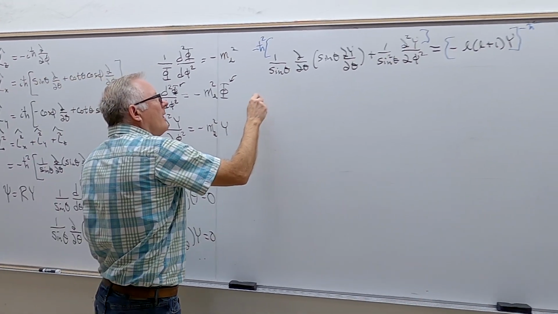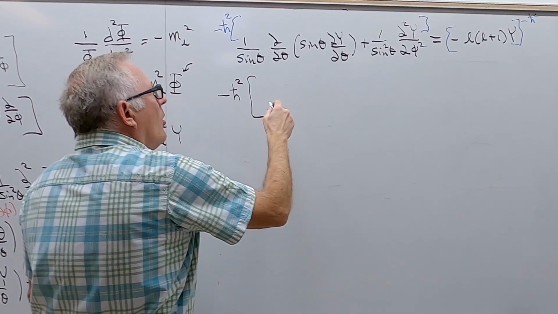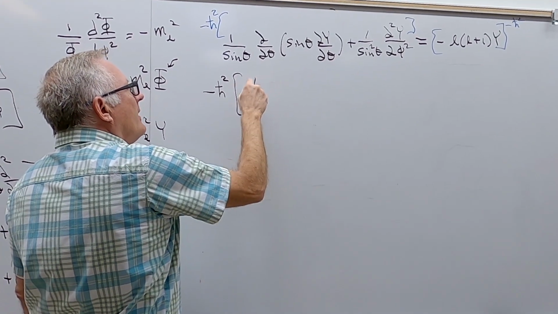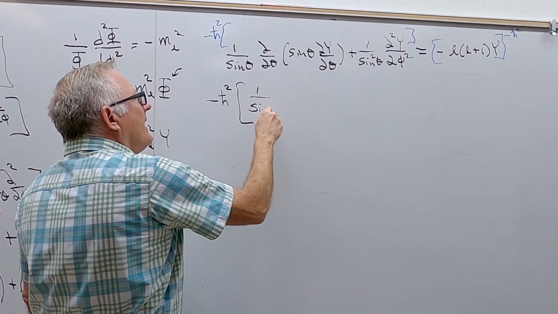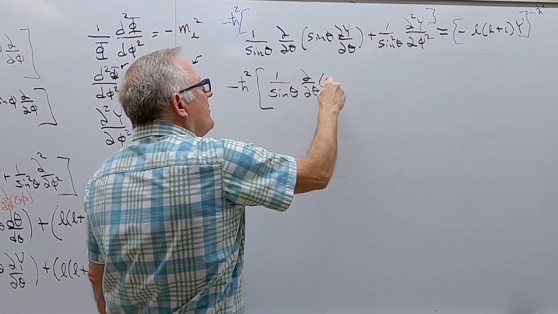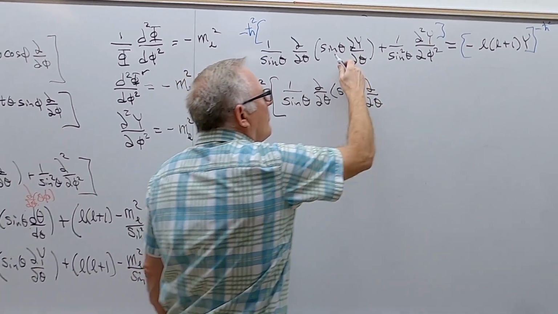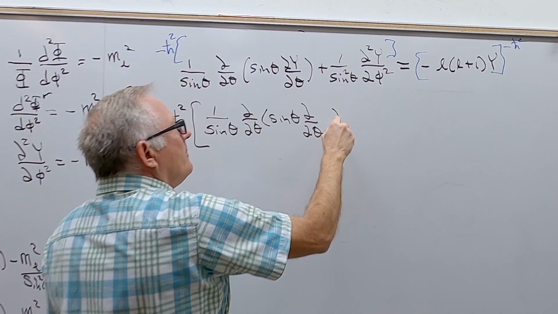We end up with minus h bar squared times 1 over sine theta, partial with respect to theta, of sine theta partial with respect to theta. I'll pull the y all the way out of everything.